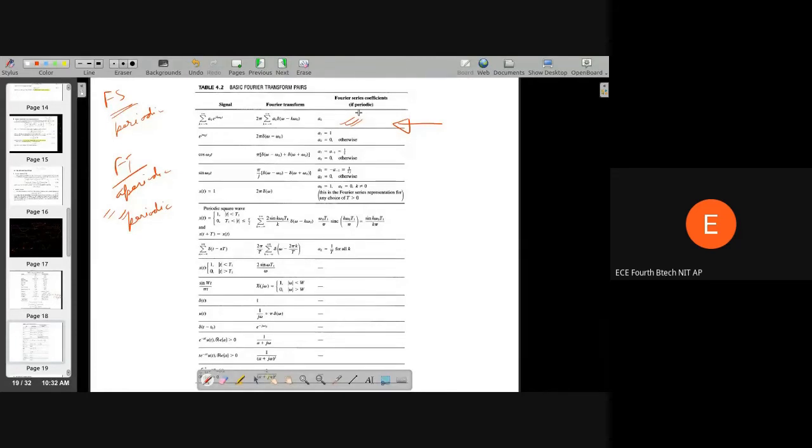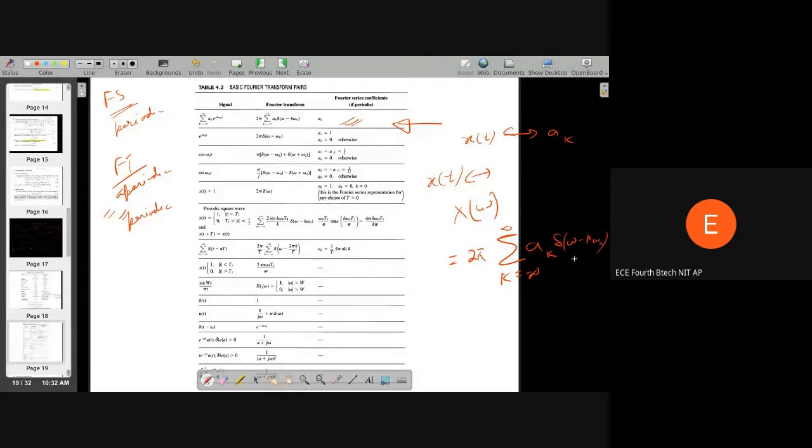So if you have a periodic signal and you have your Fourier series coefficients ak, then you can represent the Fourier transform of that as an infinite number of discrete impulse functions.